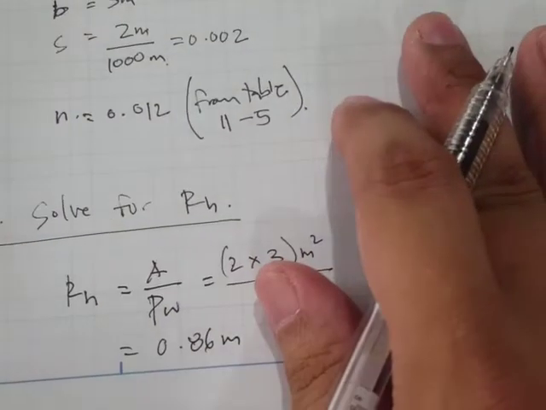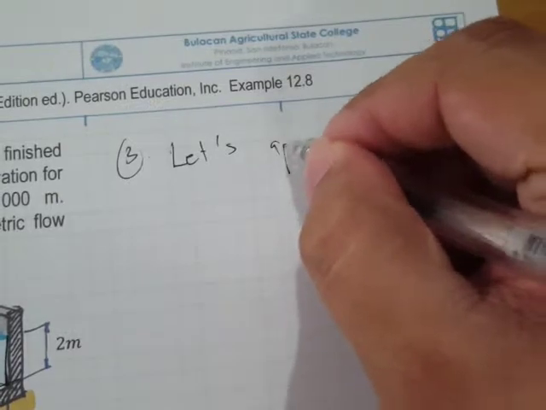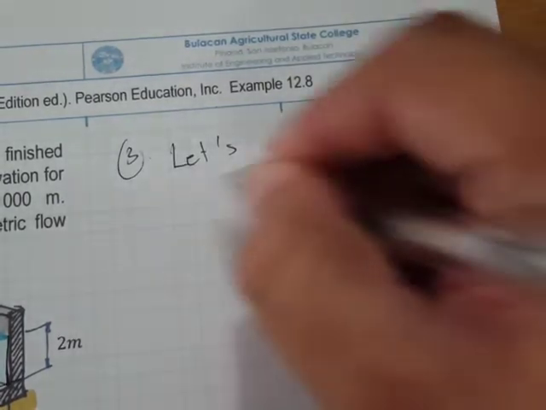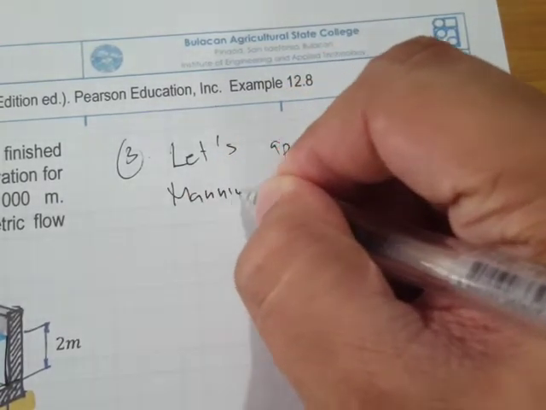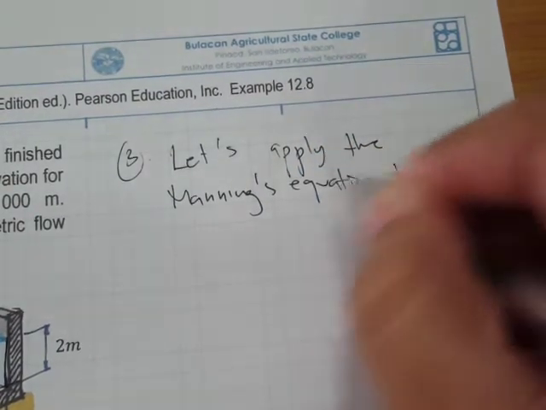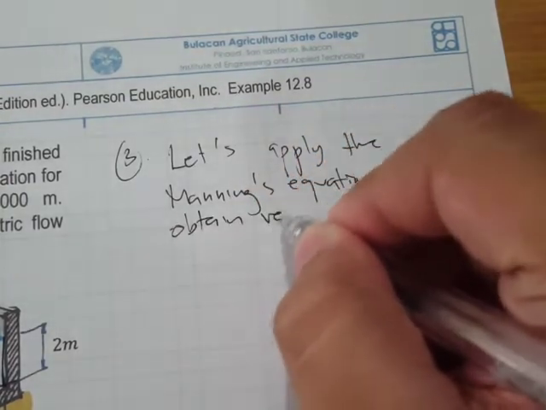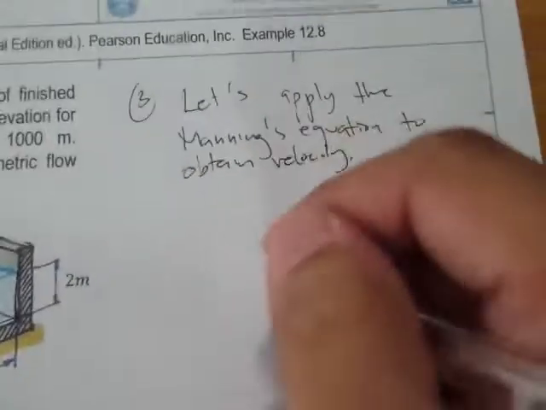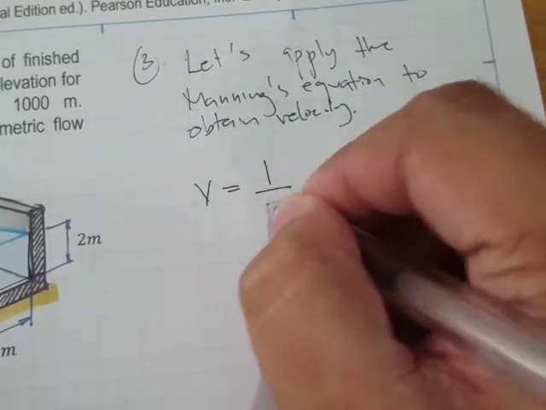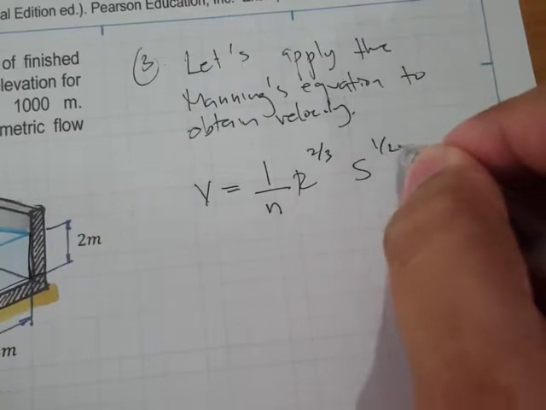Okay, so next step, let's apply the Manning's equation to obtain velocity. Here's our equation: V is equal to 1 over n, R raised to 2/3, S raised to 1/2.